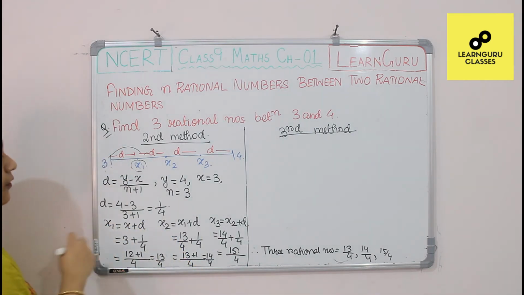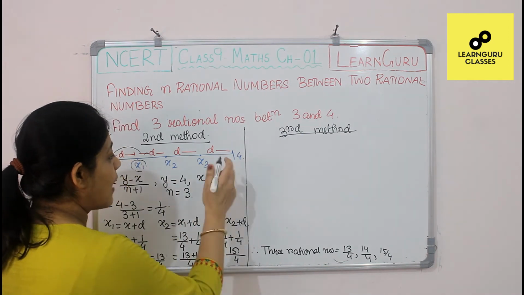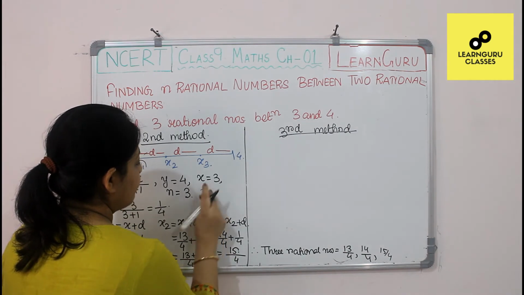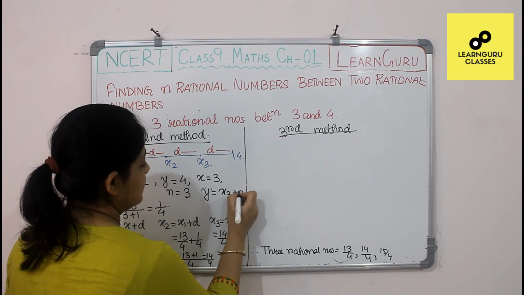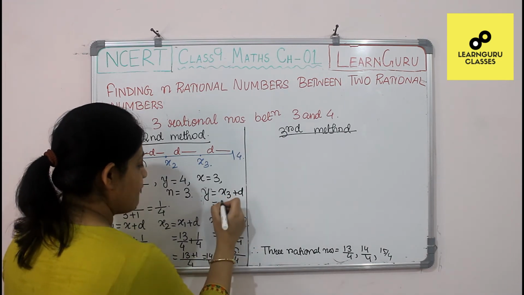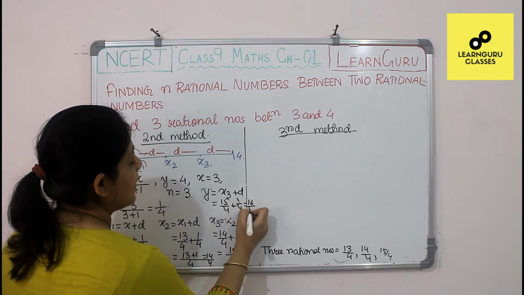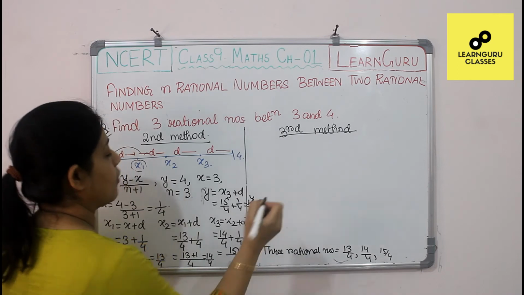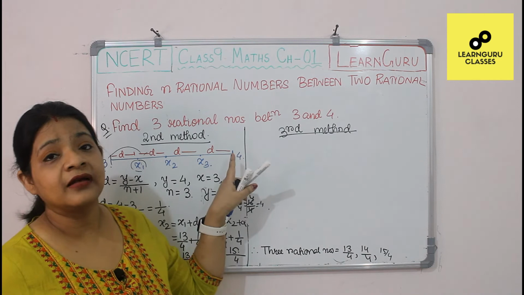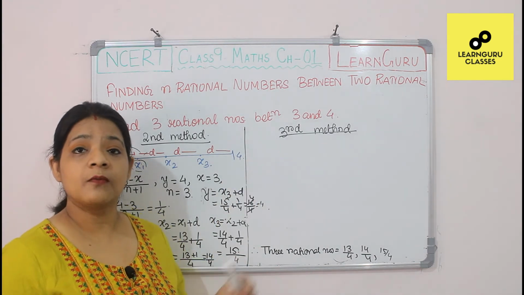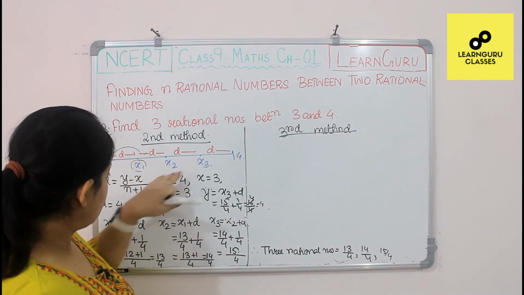Now, one magic that you can see: y, which is equal to 4, is x3 plus d, isn't it? The x3 value is 15 by 4, plus d is 1 by 4. So you are getting 16 by 4, and 4 4s are 16, so that is 4. So if all your calculations are correct, you are bound to get the value of the final point by doing one extra addition.